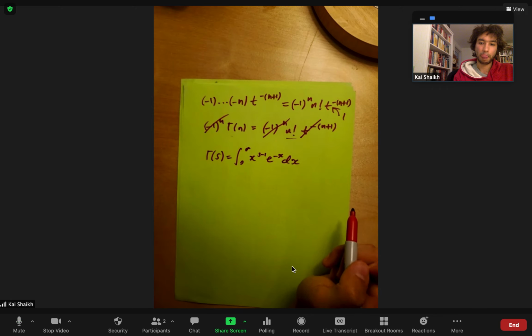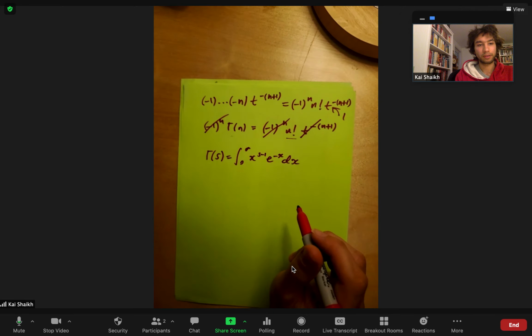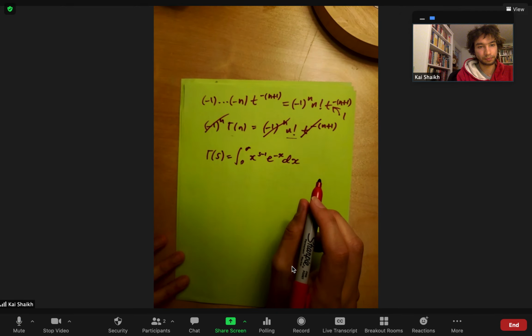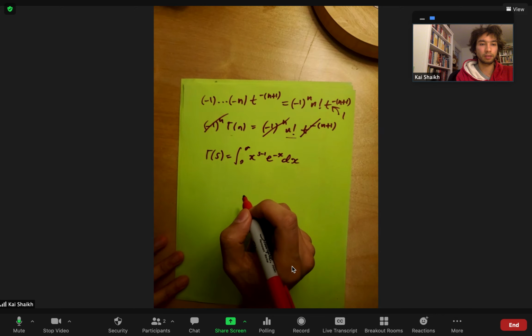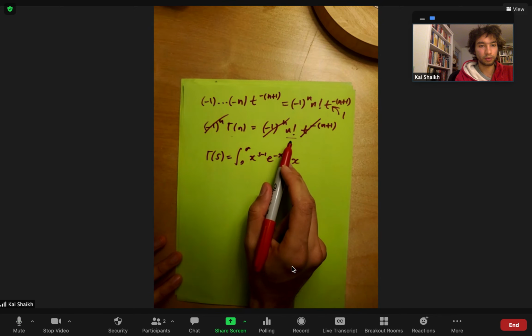But anyway, that's a sort of slick proof that the gamma function evaluated on an integer n is a factorial.